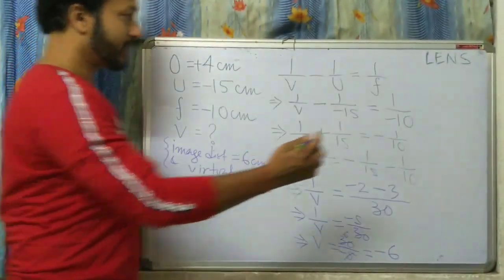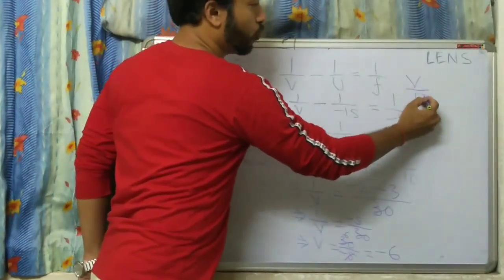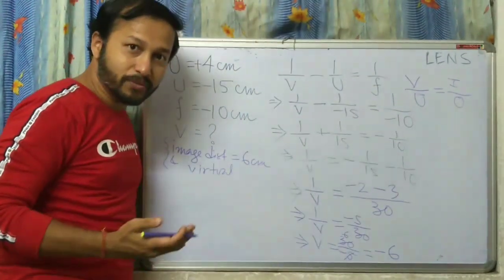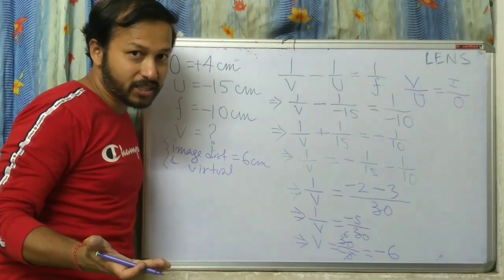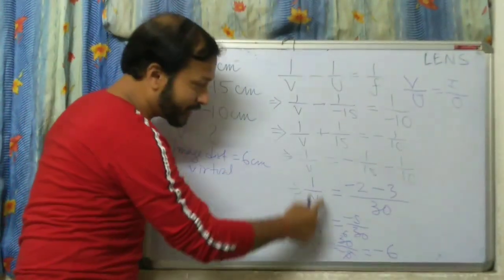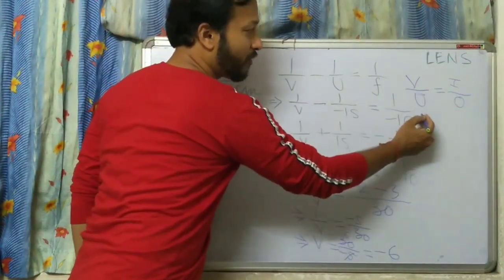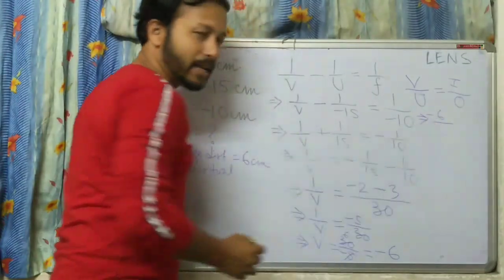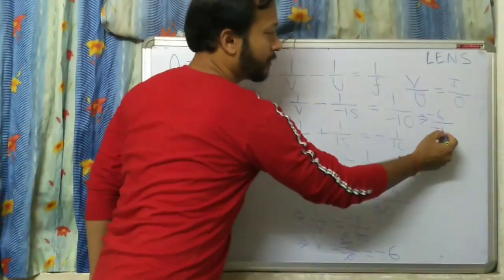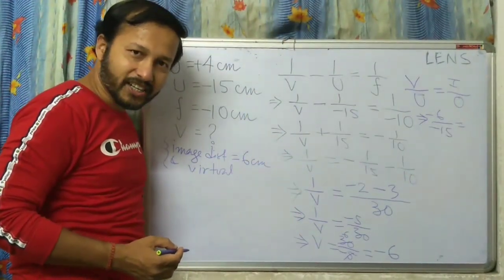Let us write that. V by U equal to I by O. Now what is V? Image distance. What is the value of V? We will not write 6. What we got here, the exact value, V is minus 6. So instead of V, we'll write minus 6. By U, what is U? U is minus 15. What is I? Image height.